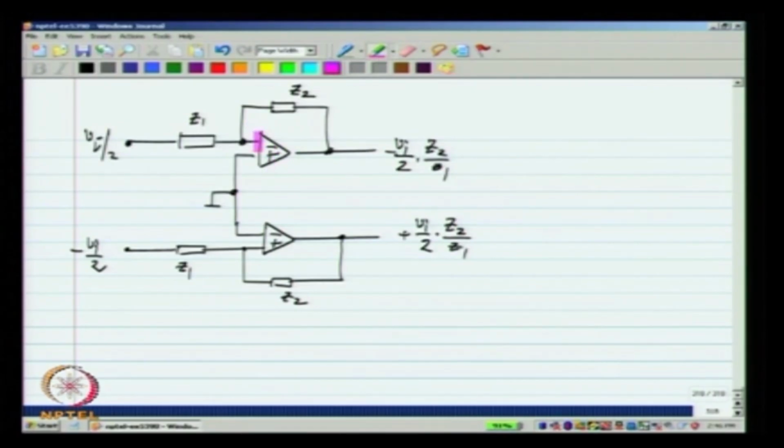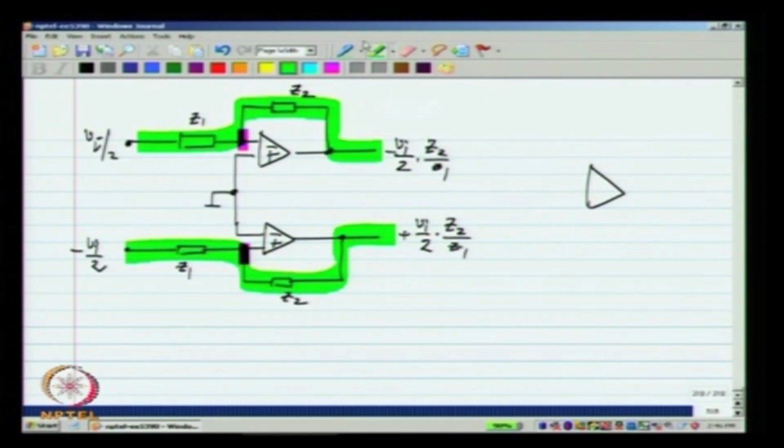Now, you see that there is a virtual short between these two terminals and these two. So, effectively the voltage at that and that point are the same if the op amps are ideal. So, what we do with the fully differential op amp is to essentially lift this off the ground, that is, ignore this part and have only these parts of the circuit. Okay.